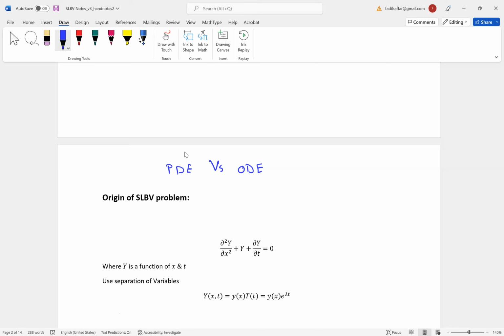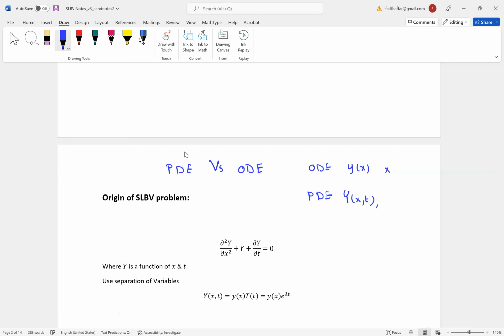For an ODE, we take a function of one single variable, and the derivative is taken with respect to only that variable, for example x. In the case of a PDE, we're speaking about a function of multiple variables. Now we're not speaking about x only, but about x, t, y, or whatever variables we have in there.